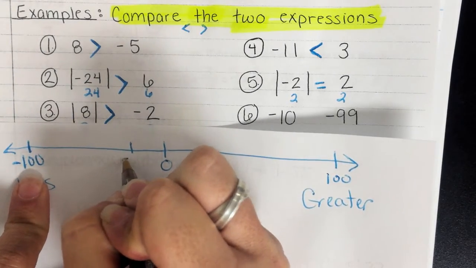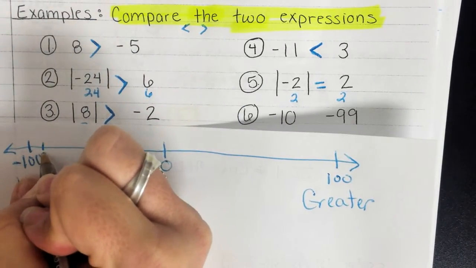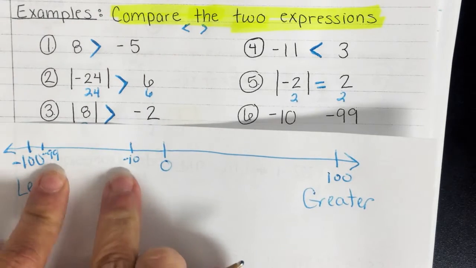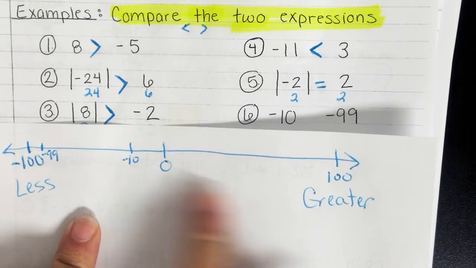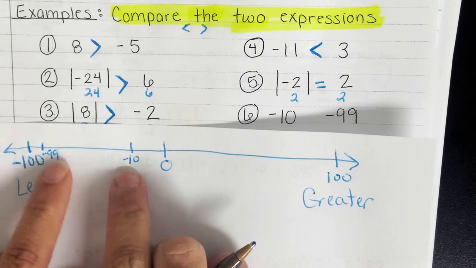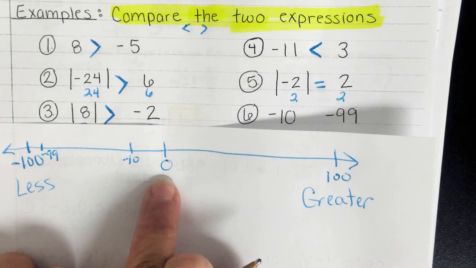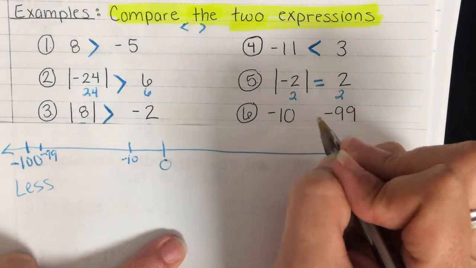Near the 0. Where would -99 be? Way back here. So which one is greater? The -10, because it's further to the right. In the negative world, whatever's the closest to 0 is going to be the biggest number. It's kind of the opposite of the positives.